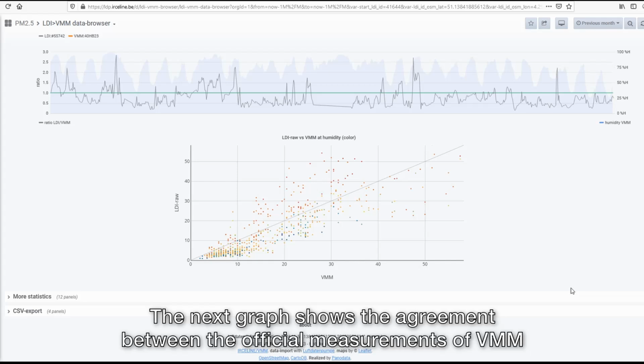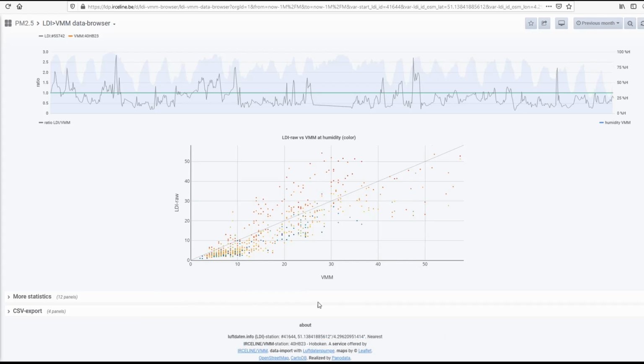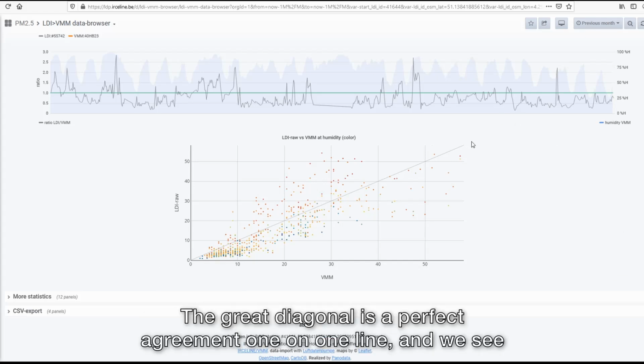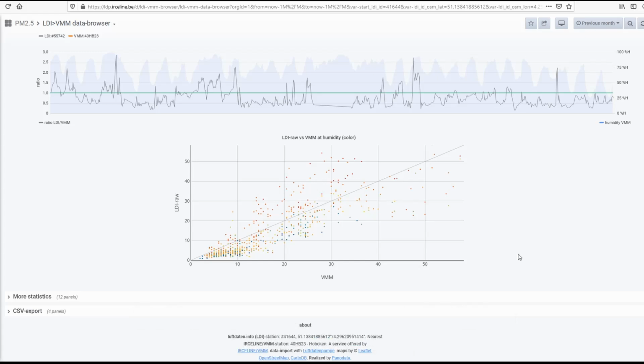The next graph shows the agreement between the official measurements of VMM on the x-axis and that of the sensor on the y-axis as a scatter plot. The gray diagonal is a perfect agreement one-on-one line, and we see that the sensor measurements fall below and above the line.